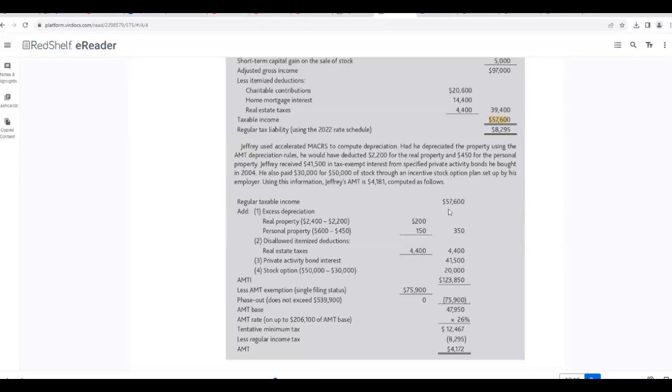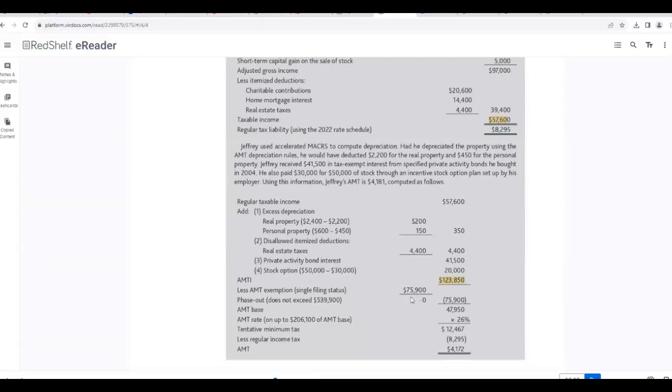So technically, AMTI is trying to put everything that might be income into this calculation. So 57 plus excess depreciation, plus real estate taxes, plus stock options. You get to AMTI of 123,850. IRS says, this is your income.